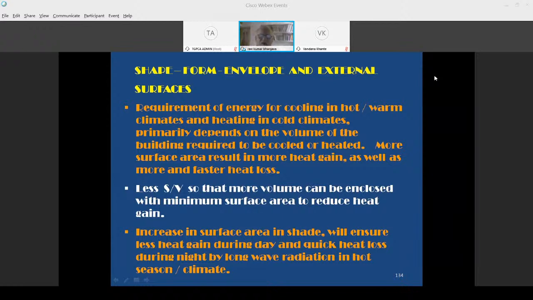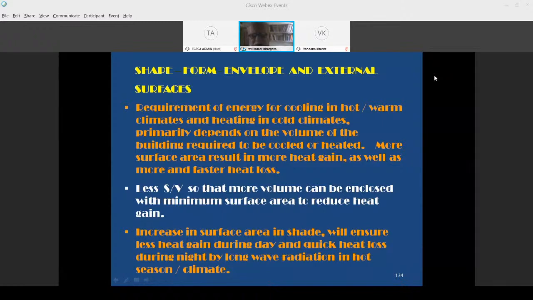So, friends, our objective should be to select and adopt such a form of the building which will generate less SV, that is surface to volume ratio. It should be less.